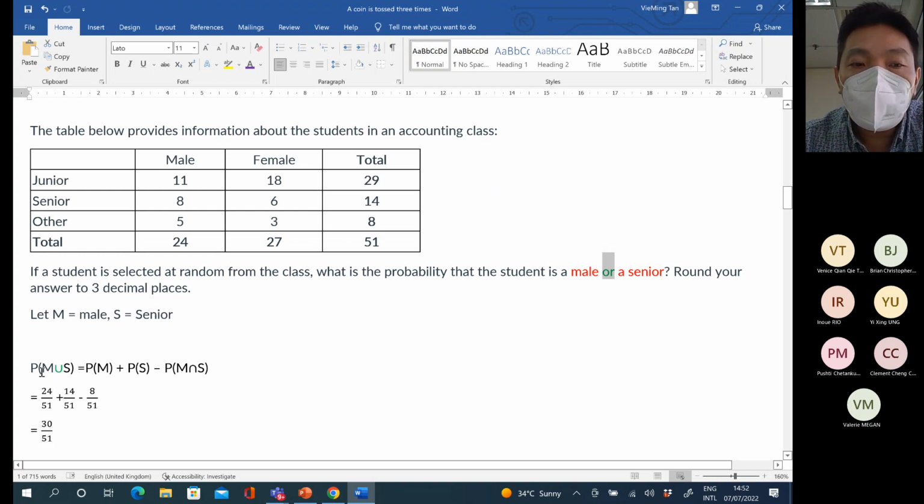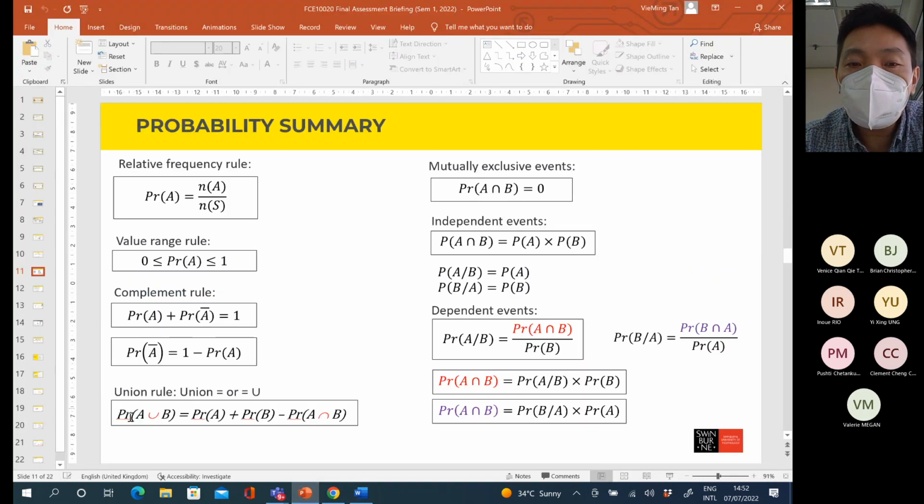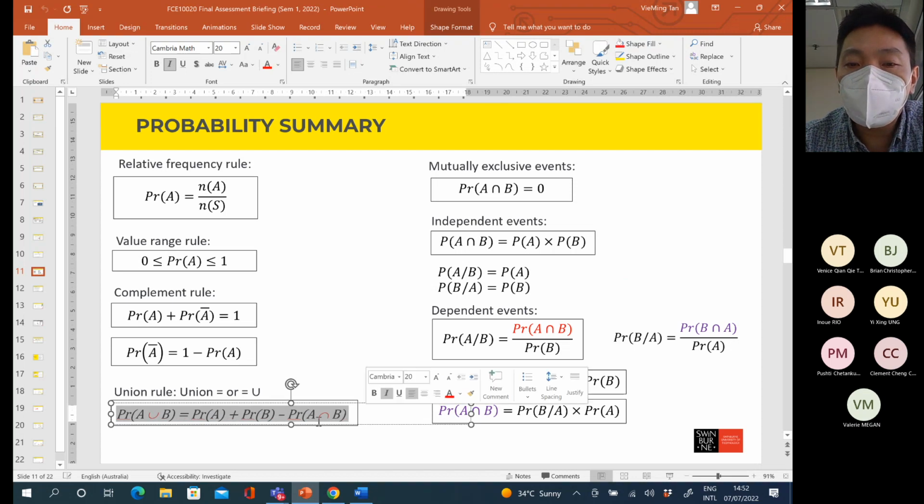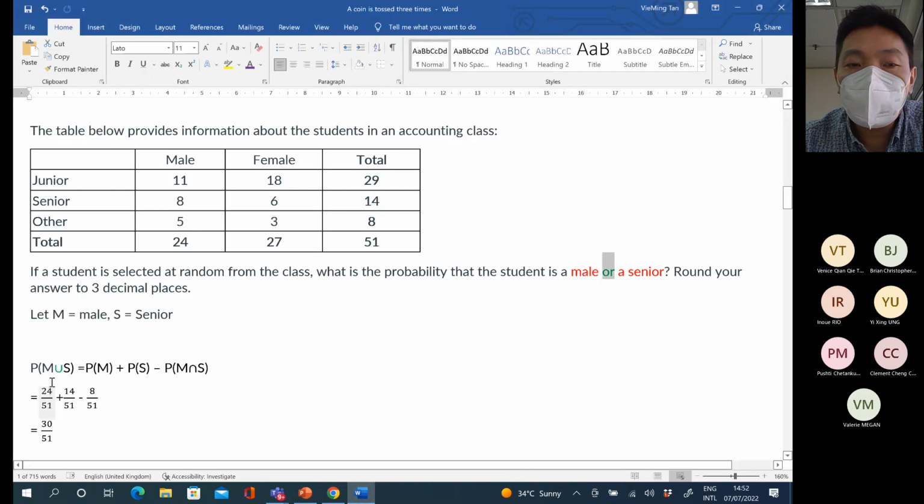This one means probability of male union S. So what is the formula we have to use? Remember the formula that we learned just now? We need to use this formula when it involves union. So we modify this formula and paste it here. We start from P(M) plus P(S), then minus P(M intersect S).